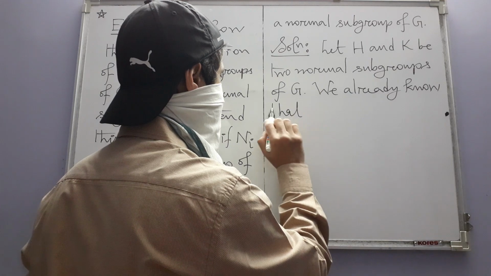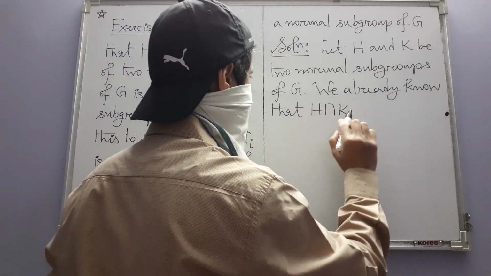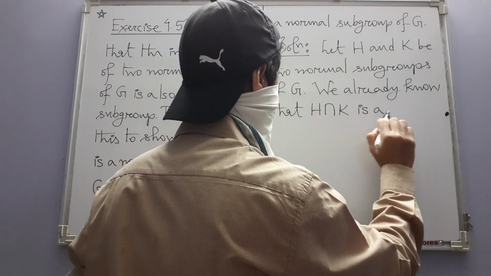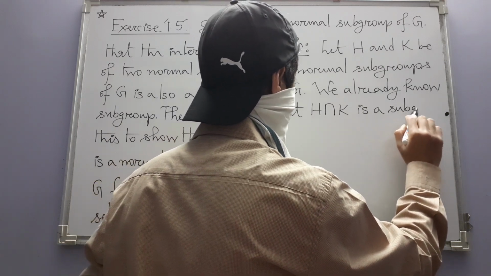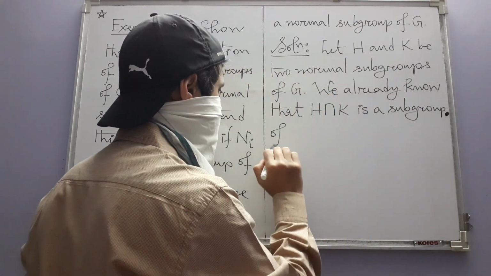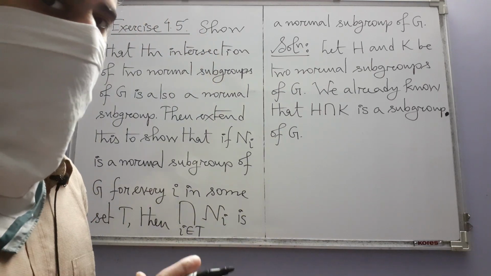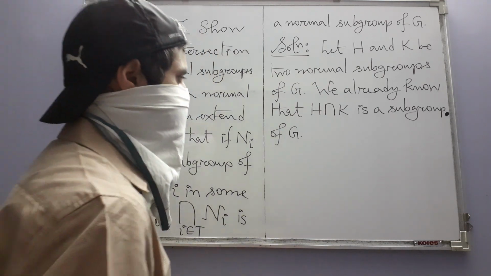We already know that H intersection K is a subgroup of G. This we already know from properties of subgroups.